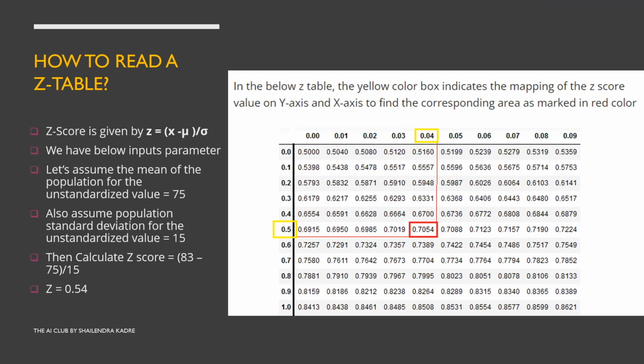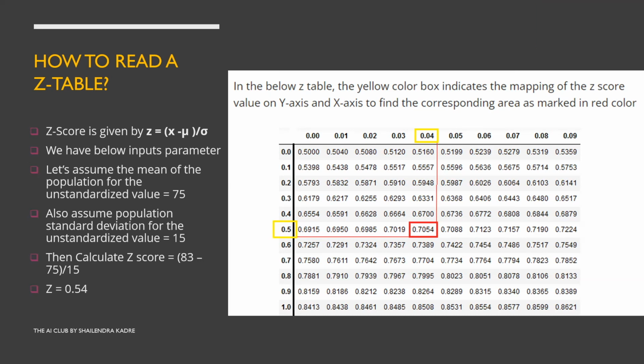No, 0.17 I am asking. 0.5675. Great. So now everybody got how to read the Z table?